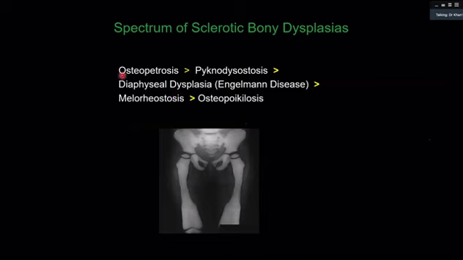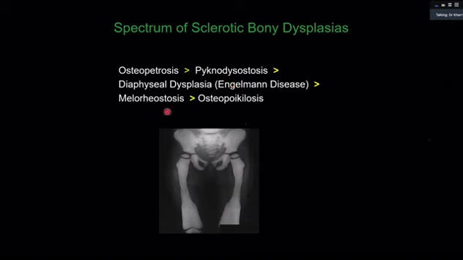The spectrum can be from extremely high density of the whole skeleton, to slightly less, to lesser still. And this is an exam case. This is for differential diagnosis.